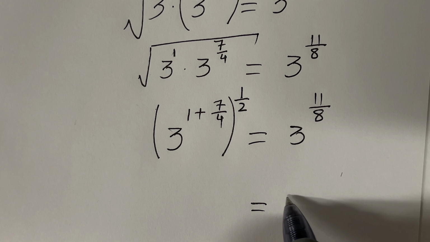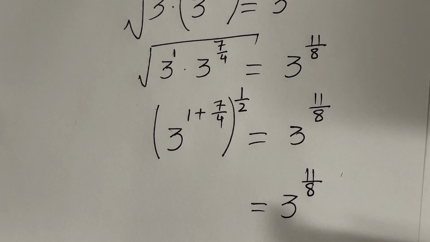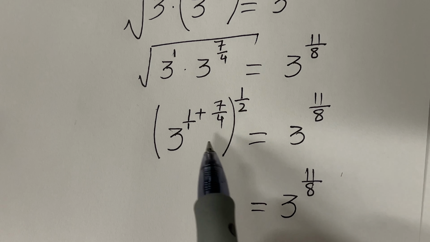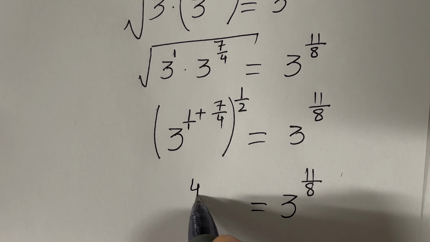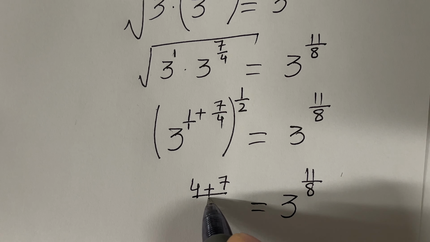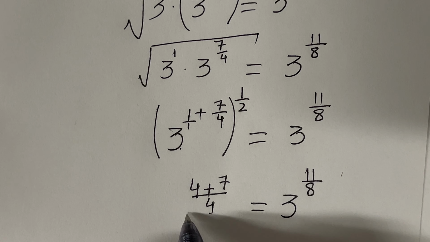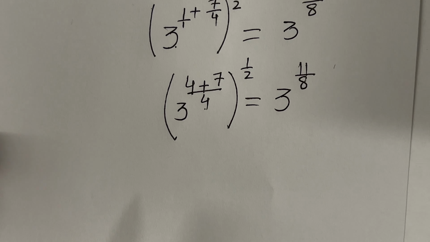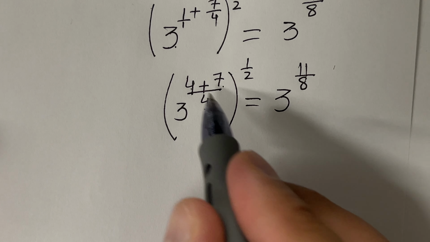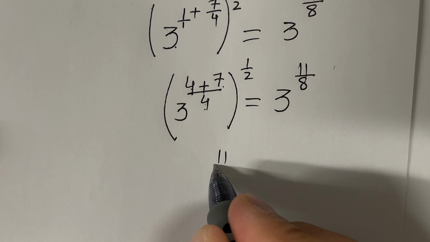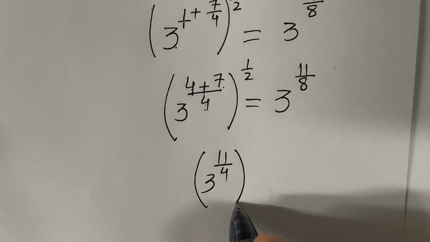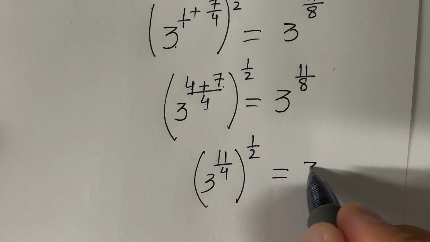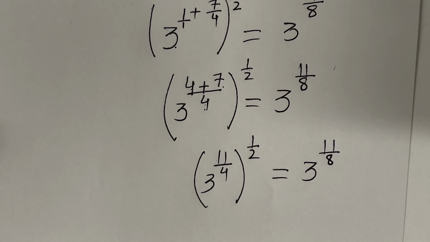Okay, so this side was 11 divided by 8, and now I can write 1 as 1 over 1. The LCM is 4, so 4 times 1 is 4, plus 7 divided by the LCM, which is the same, 4, and the base was 3, and on top of it we have 1/2. Now if you look here, 4 plus 7 is 11 divided by 4, the base is 3, and the exponent on top of it is 1/2, and the right hand side is 3 raised to the power 11 divided by 8.